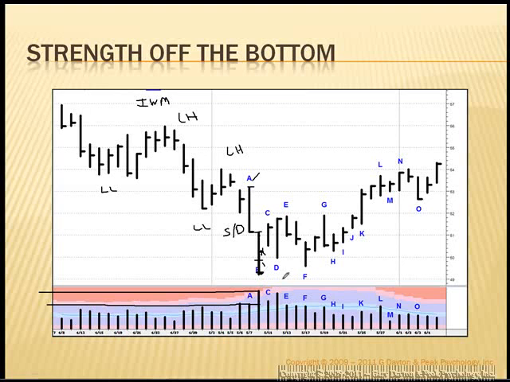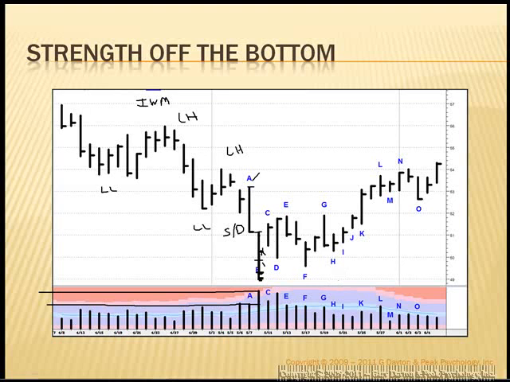If that were predominantly selling there, okay, we should see, in fact, wider spread than A, so even more than that, probably more like this, and then closing down here on the lows, or close to the lows. And we're not seeing that, are we?